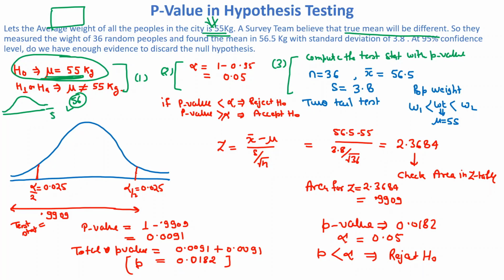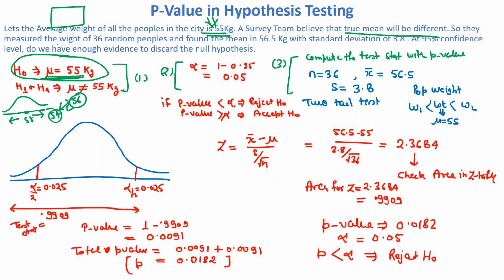If they get 54 kilograms, in that case we can also reject the null hypothesis. So we need to verify the weight in both directions: on the right side and also on the left side. So this would be a two-tail test.